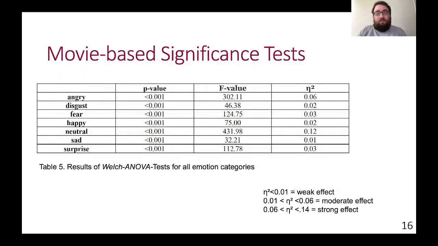Due to the vast amount of data, we can indeed show a significant difference, highly significant for each emotion class. But looking into more detail, the effects of these differences are rather low. The largest moderate effect can indeed be found for the class neutral, with an effect size of 0.12.